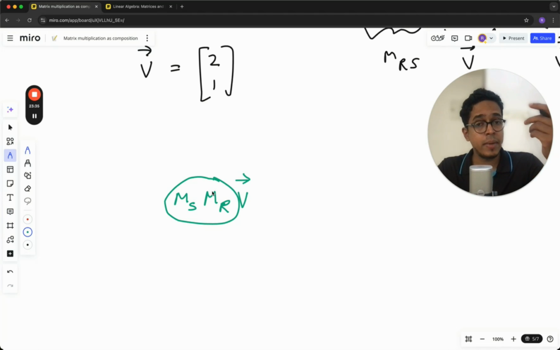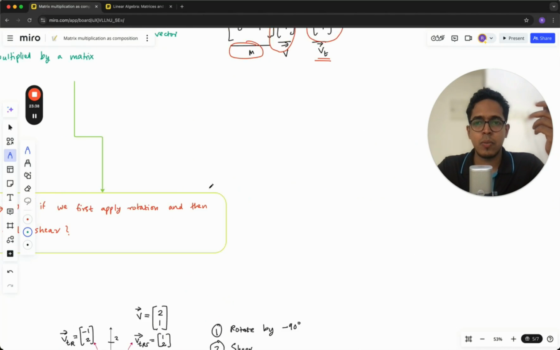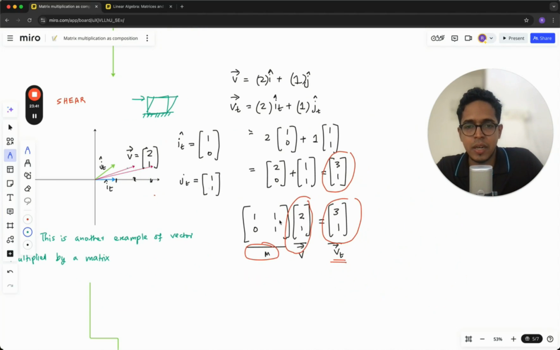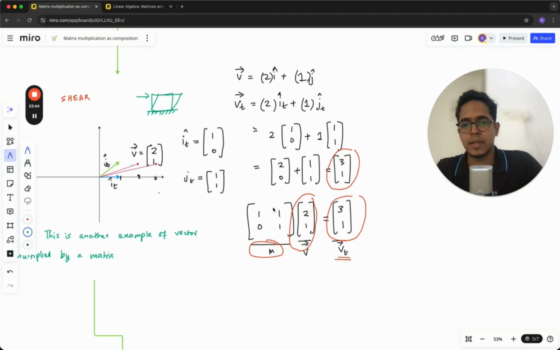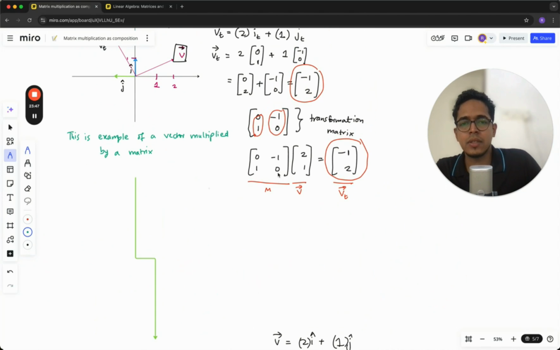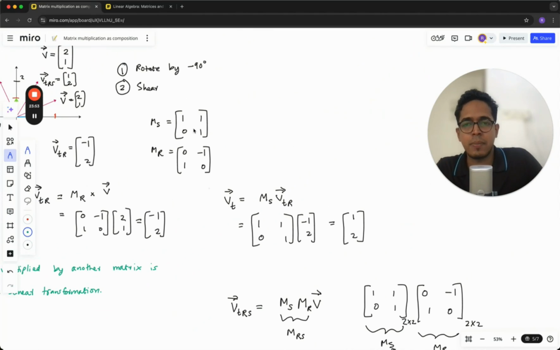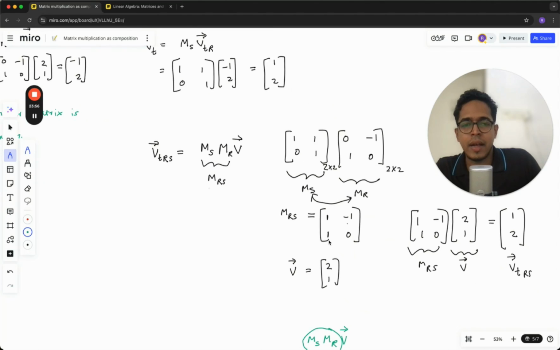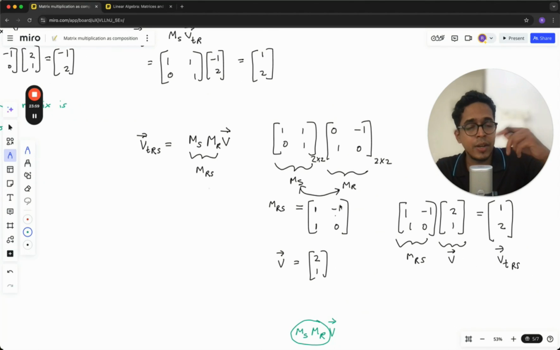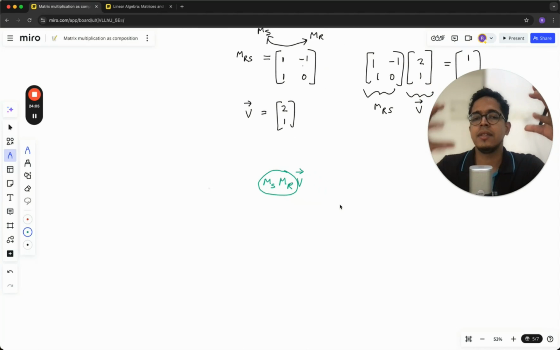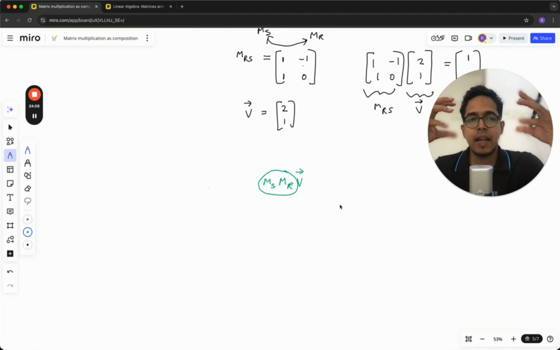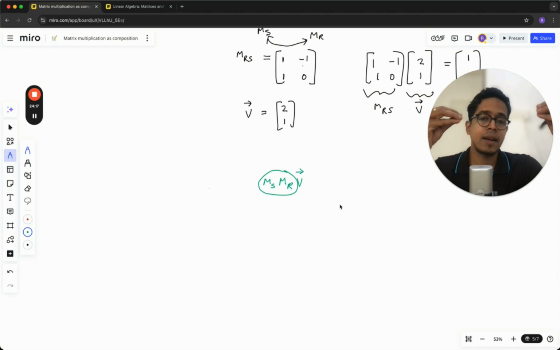We saw an individual matrix for shear in the above part, where we performed shear. This individual matrix 1, 1, 0, 1 was denoting the shear operation. This individual matrix 0, -1, 1, 0 was denoting the rotation operation. And this composite matrix, which is the product of MS and MR, with the value 1, -1, 1, 0, denotes two sequential operations: first rotation, second shear. So what we learned here is that a vector can be transformed by a single matrix multiplication, and an individual matrix we can see as a linear transformation.